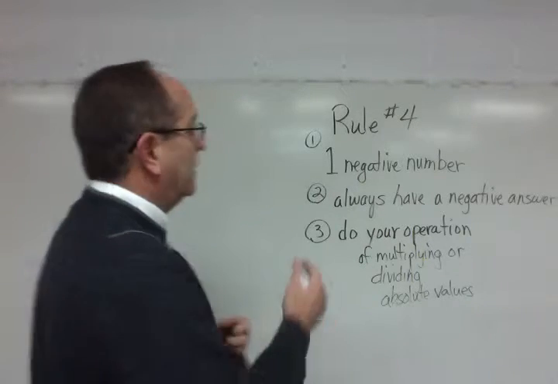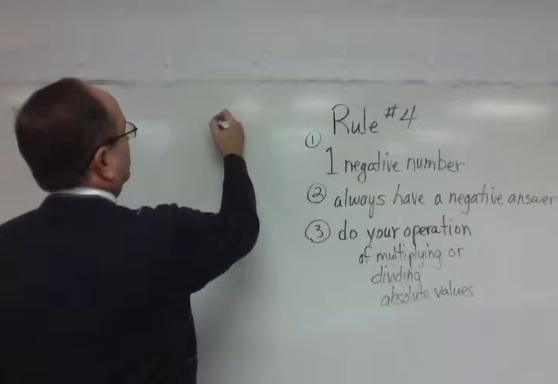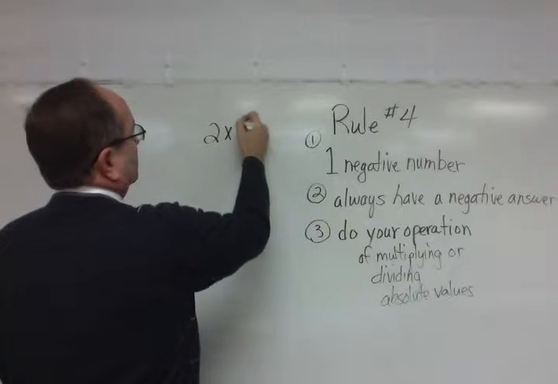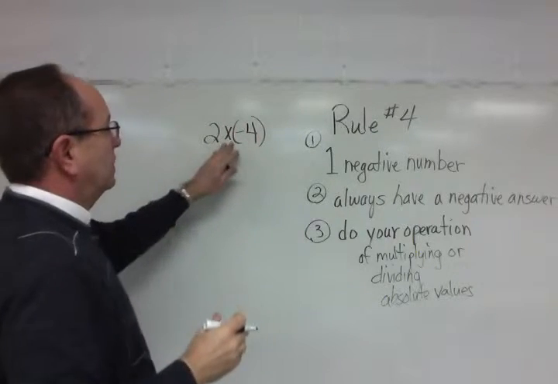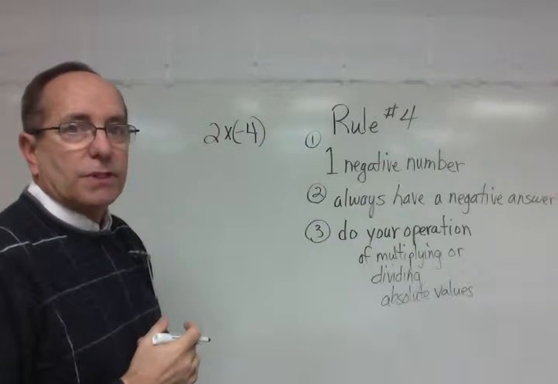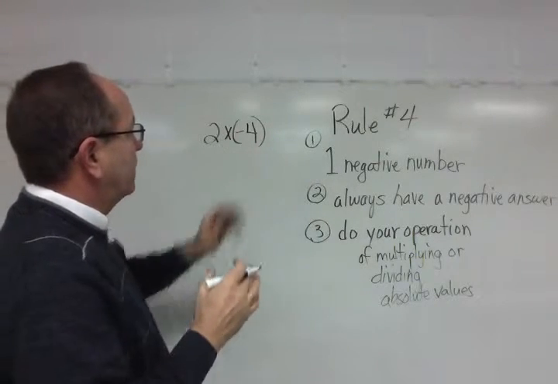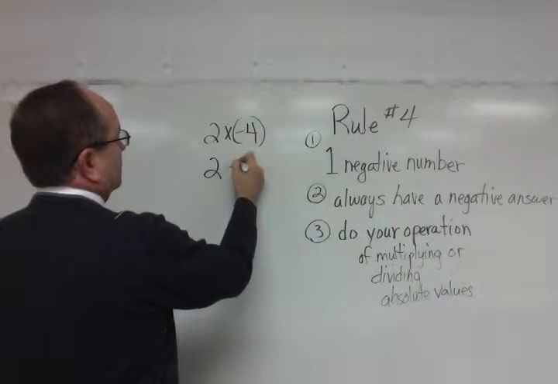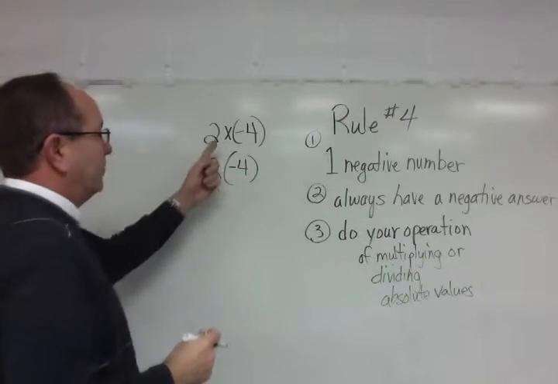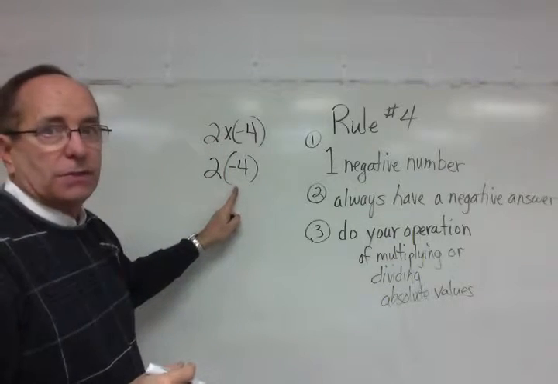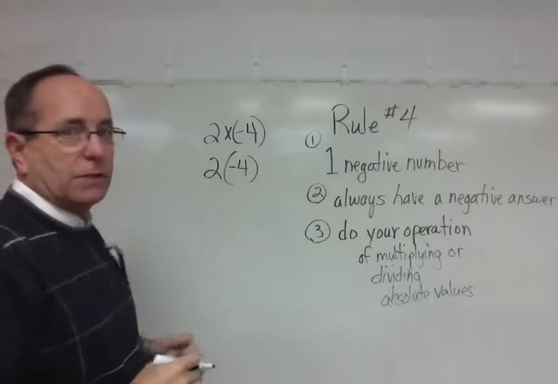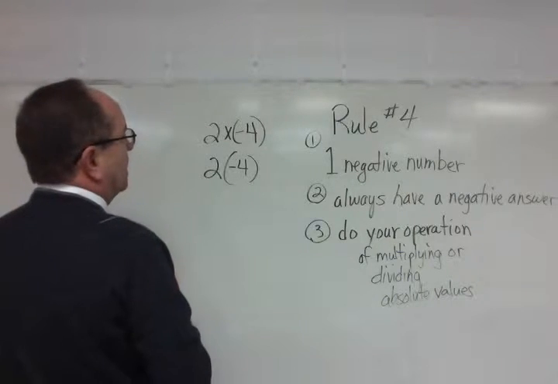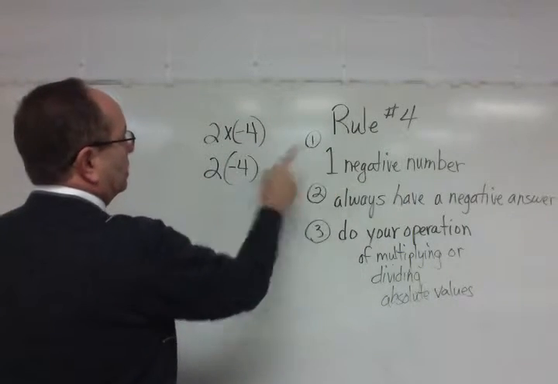Let's use an example here: 2 times a negative 4. I put the parentheses there just to keep your symbol away from that negative sign. Now that parentheses are involved, you can put a number right beside another number, and that means multiplying. So either way, you could have this look. I go by the rule.